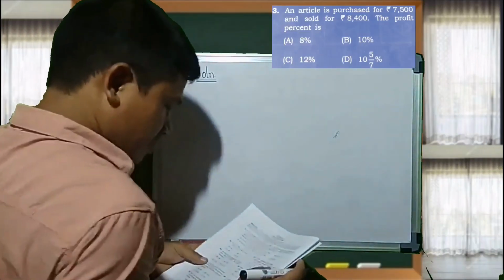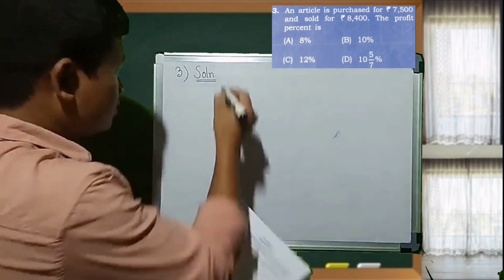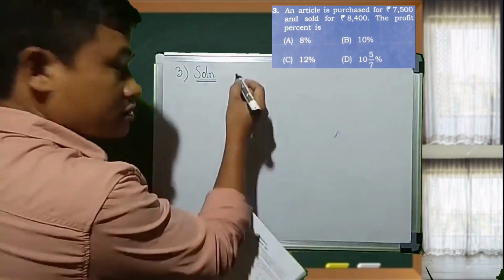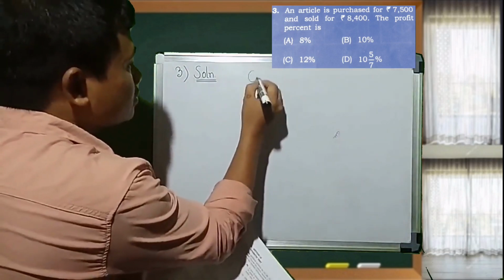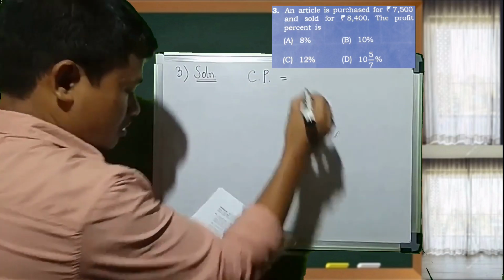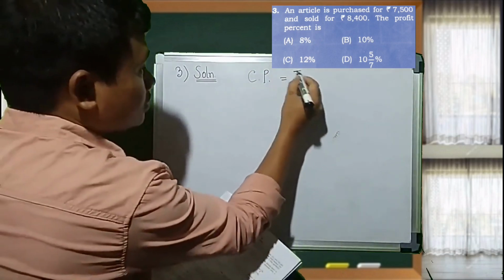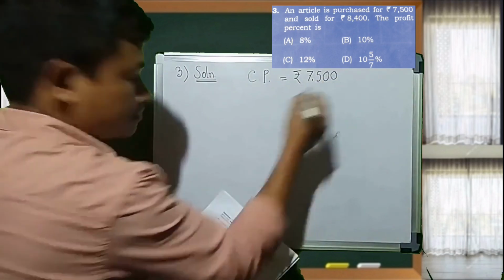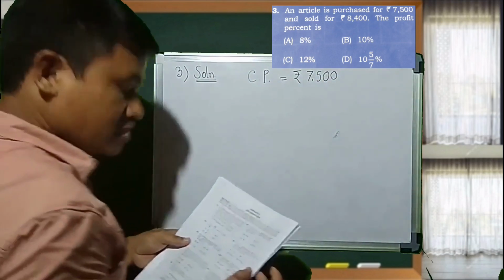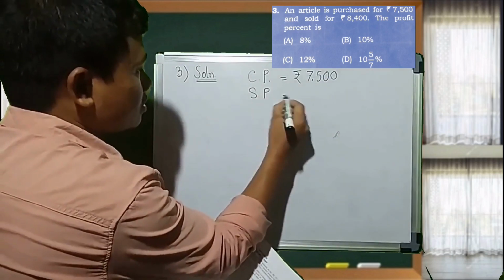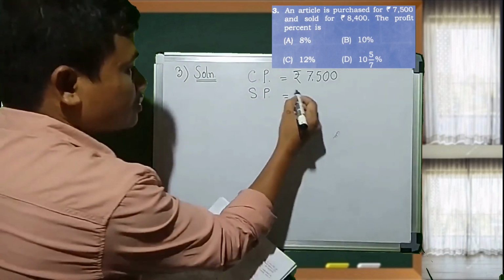You see here, the cost price, the price at which the article is purchased. CP means cost price. How much? 7,500 rupees. And what is the sale price? SP, sale price, is 8,400 rupees.